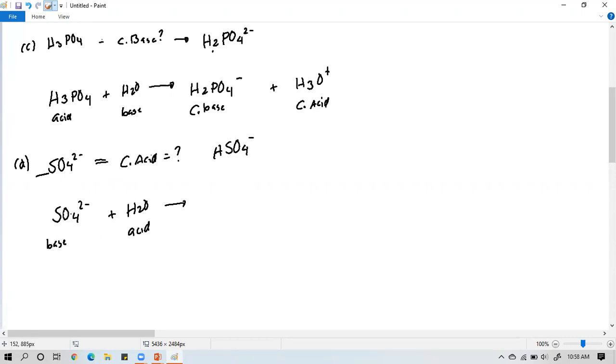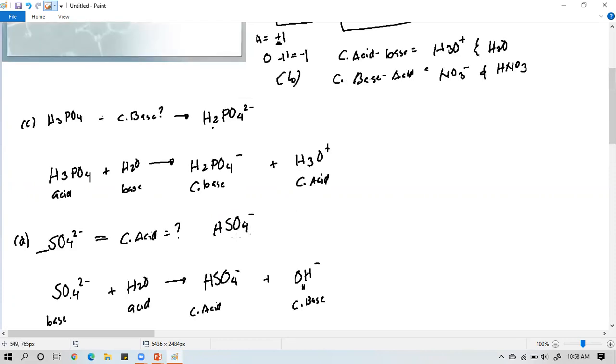Obvious naman yan kasi the sulfate ion does not contain an ionizable hydrogen ion. Tama? So therefore, proton transfer here, HSO4 negative plus OH negative. Ayan, this one here is the conjugate base ng water natin.